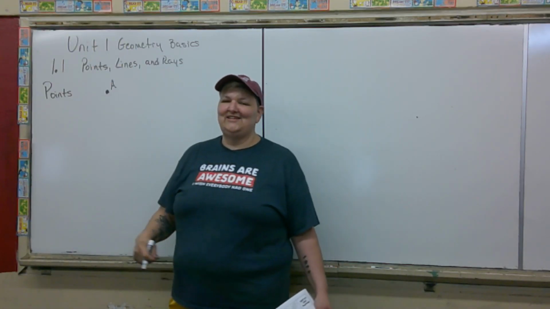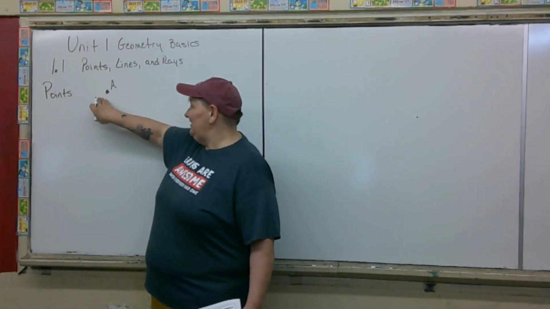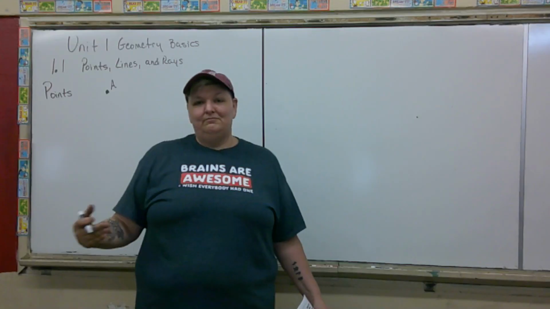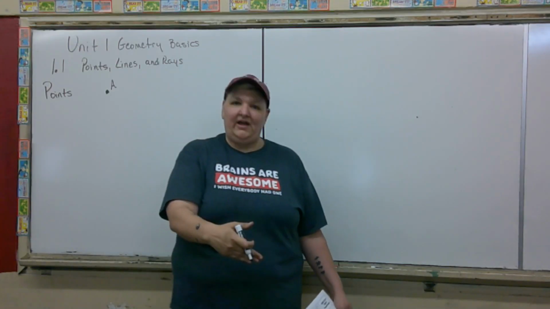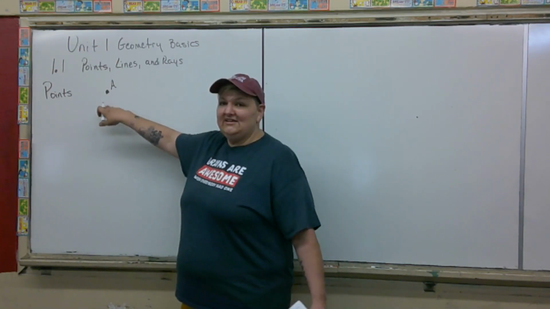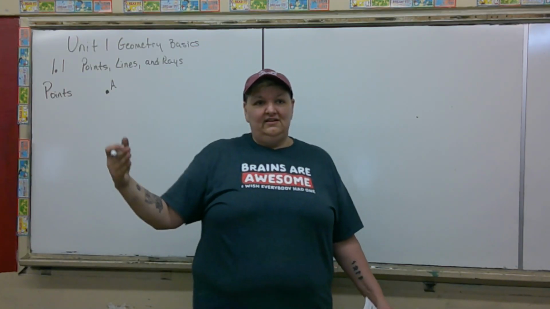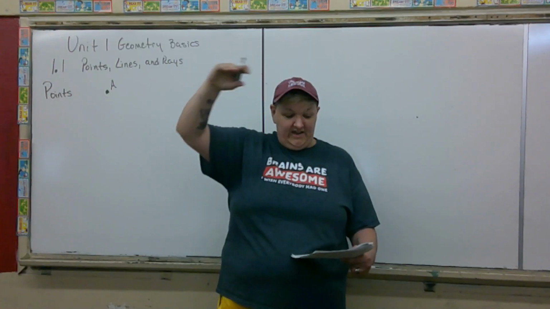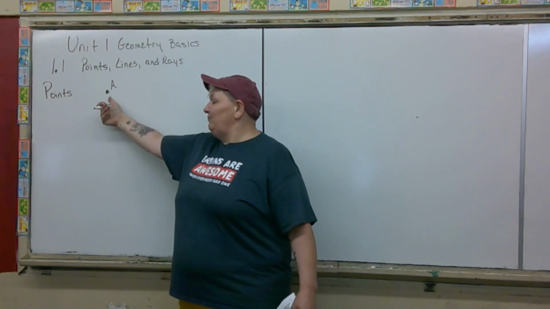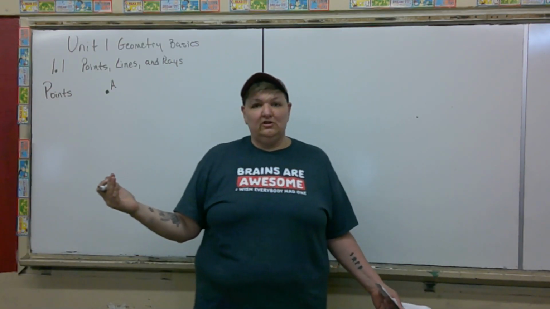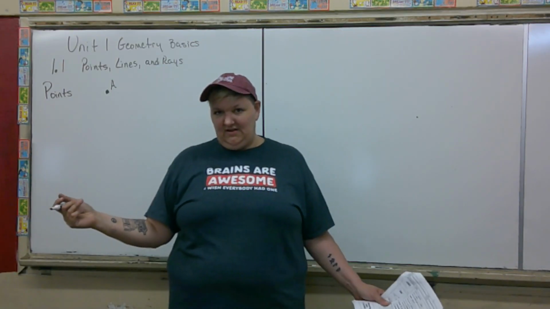I mean, technically you can say that, but it's just the same, right? It's imaginary, but we use it to mark the spot. It has no size and it has no shape. We make a point solid and circular, but that doesn't mean it has to be.